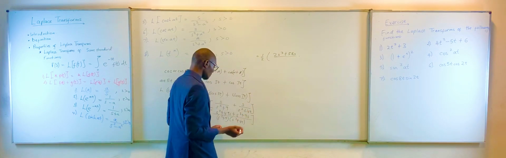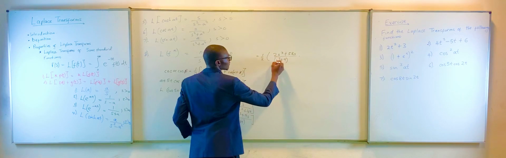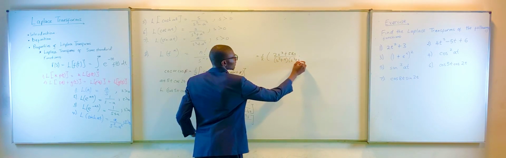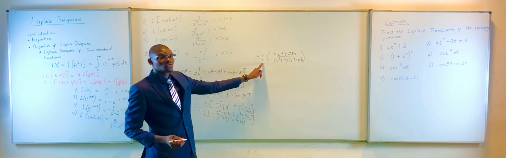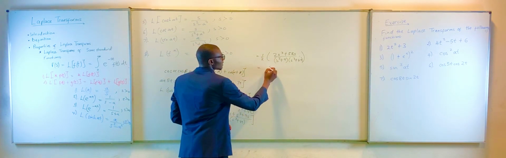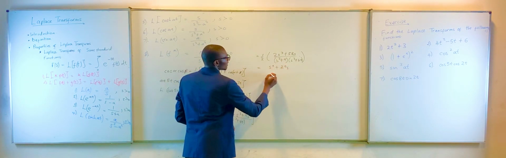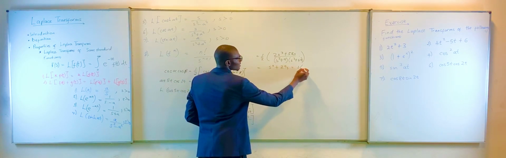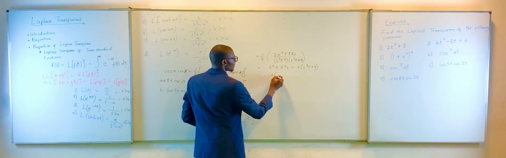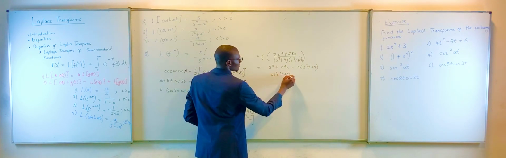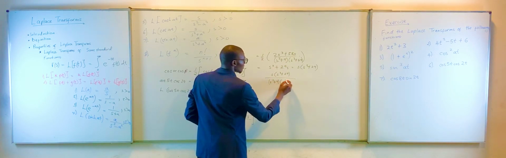And this is over s squared plus 9, s squared plus 49. Like this. Then here we know we can factor out the 2, such that we get s to the power of 3 plus 29s, which you can choose to write as s times s squared plus 29, over s squared plus 9 times s squared plus 49.